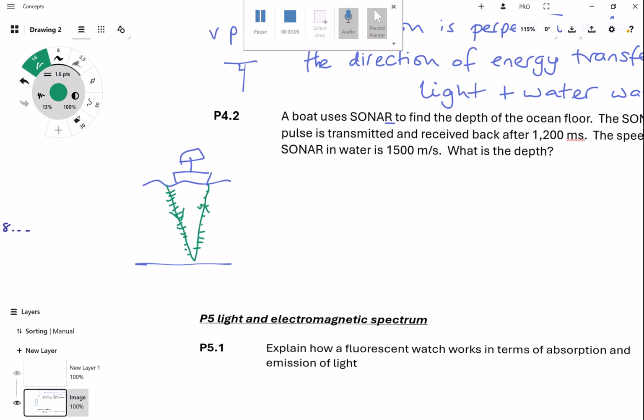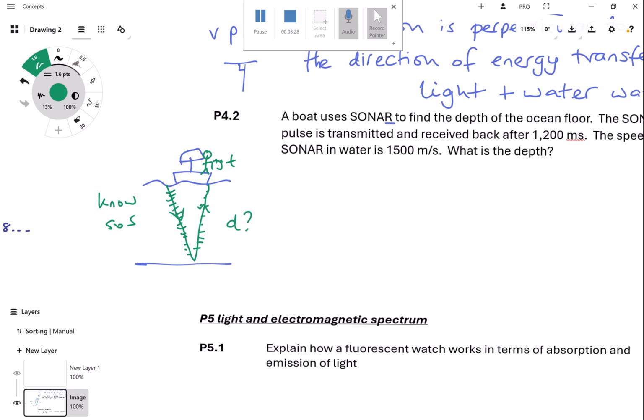And the great thing is, scientists know the speed of sound in water, or whatever medium, we've measured it for everything. Someone on the boat is going to have a stopclock and time it. If we know the speed and we collect the time, we can then use that to calculate the distance to the floor.